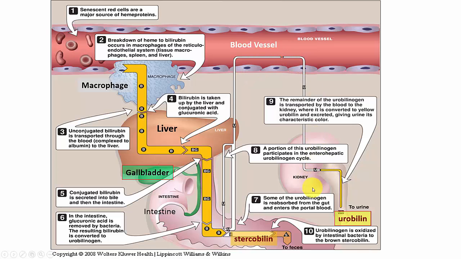In the kidney, it gets converted into urobilin, which is yellow. The rest of the urobilinogen gets oxidized by bacteria in the gut to make stercobilin, which is brown. So feces are brown because of that, and urine is yellow because of what goes back into the kidneys.